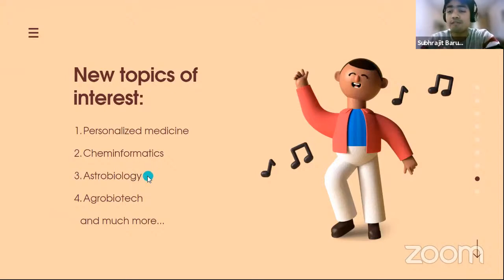Then comes my favorite area of research, which is astrobiology, which specifically is looking for molecular signatures or biological signatures throughout the universe, not only limited by the conditions on Earth, but also beyond.